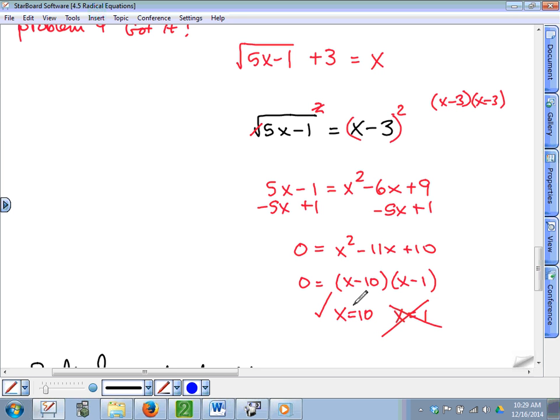Was there another question? Graph? Did you graph this? Well, if you're going to solve this by graphing, you have to use the original. After you square both sides, you can't use any of those equations.